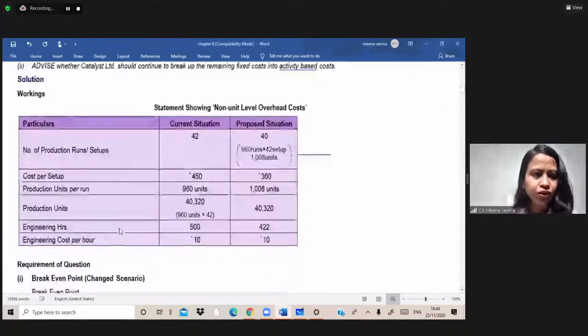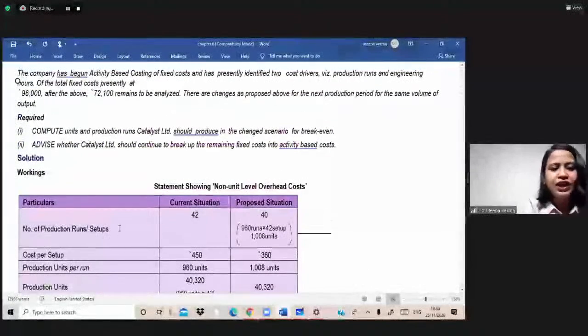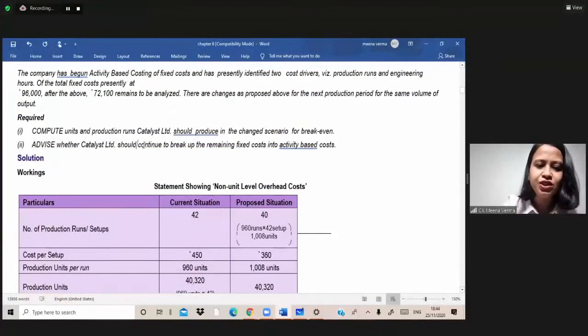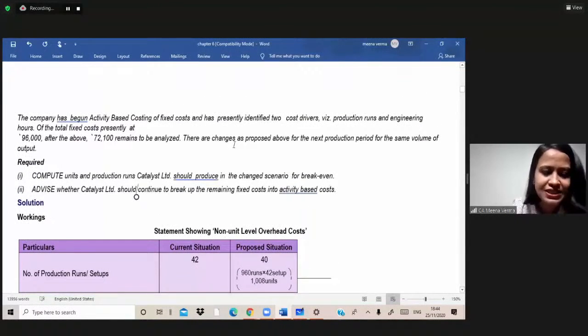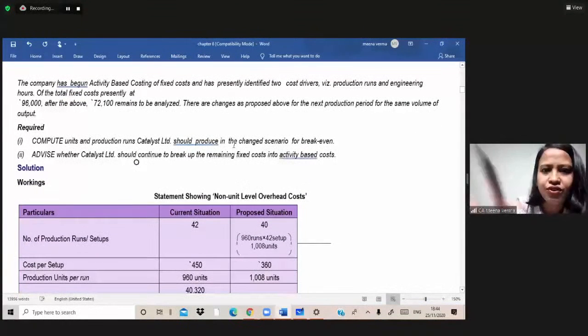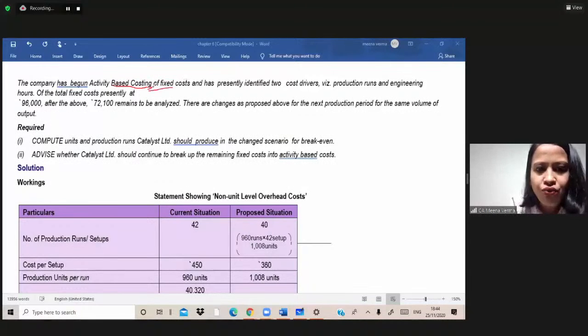Now, some other information. Advise whether Catalyst Limited should continue to break up the remaining fixed cost into activity-based costing. See, it is mentioned here, you don't need to confuse yourself. The company has begun activity-based costing of fixed cost.